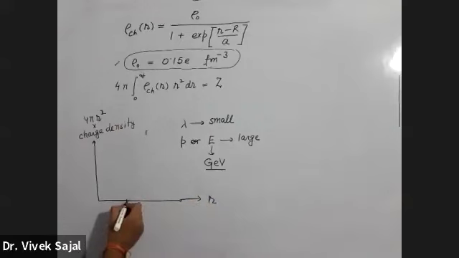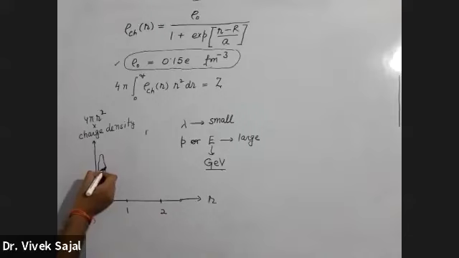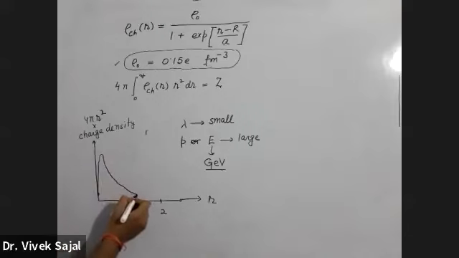If this is 1 femtometer and here suppose this is 2 femtometer, then you will find this type of internal charge distribution inside the proton.